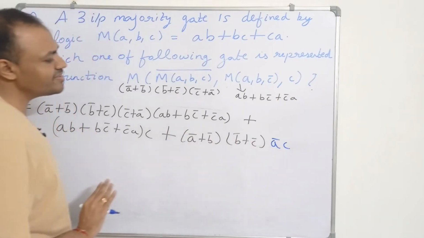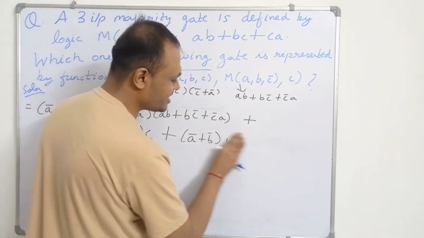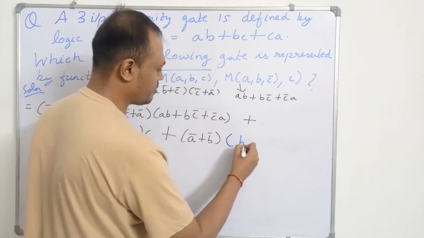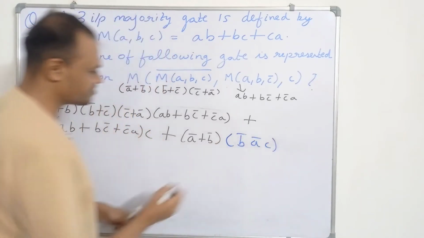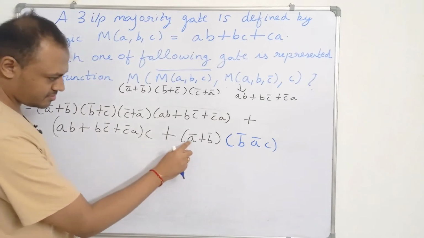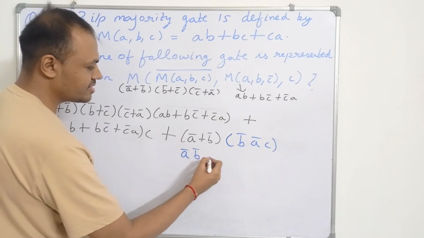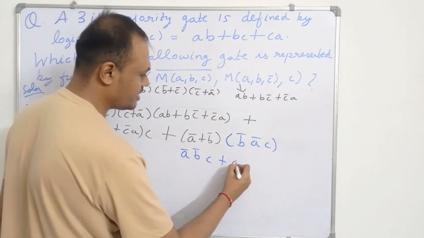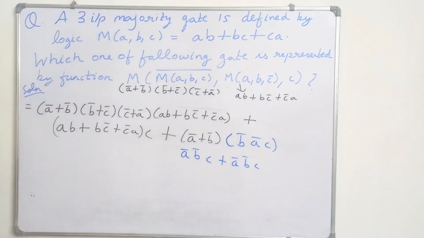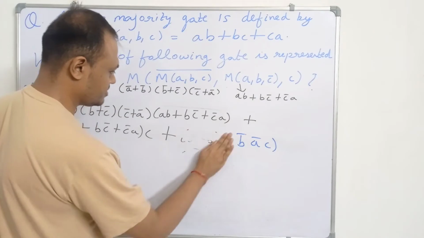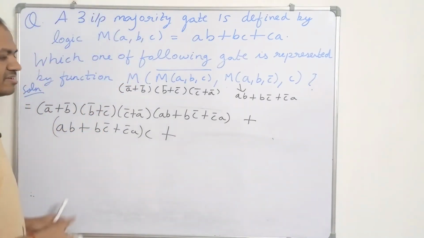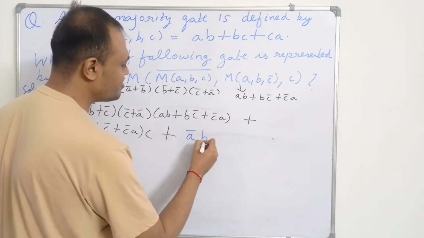C into C bar will give you 0, so this will give you B bar A bar C. Now this will give you A bar B bar C plus A bar B bar C. Both are same, so we can write it once only: A bar B bar C. So this is solved.